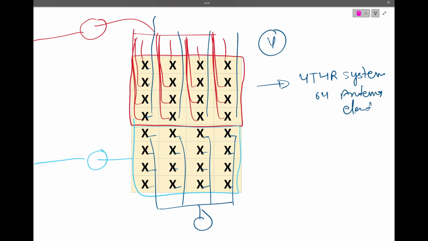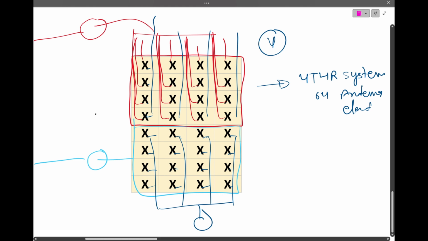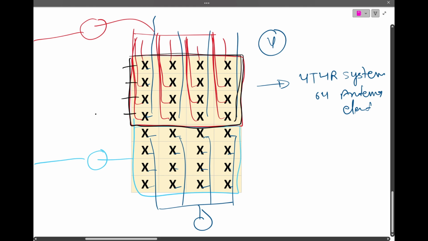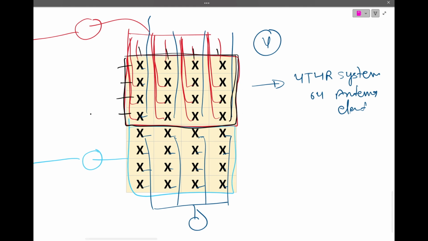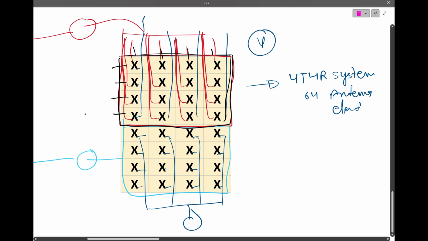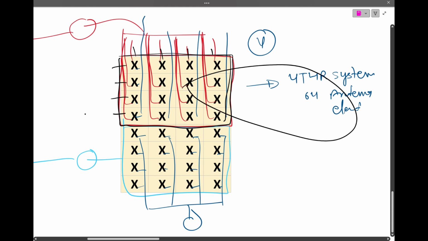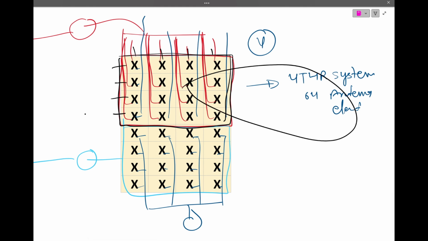Now let's see how the beam looks. Since this time the input is given to 4 horizontal antennas and 4 vertical antennas together, in total 4 rows and 4 columns, the beam will be narrower both horizontally and vertically. The beam will be like this, narrower in both directions.